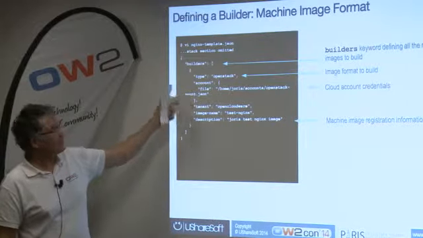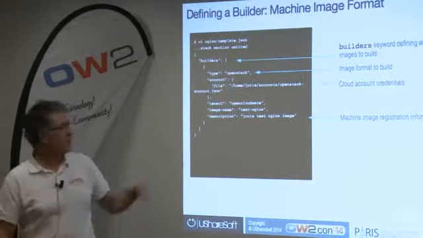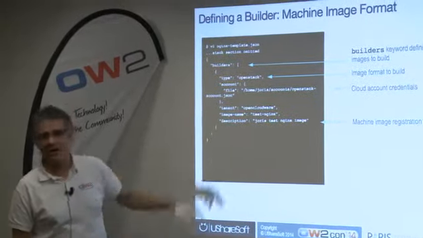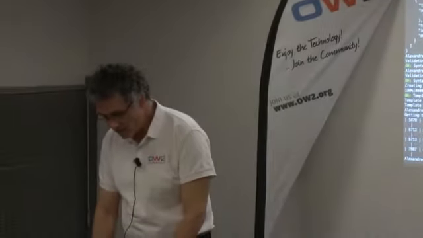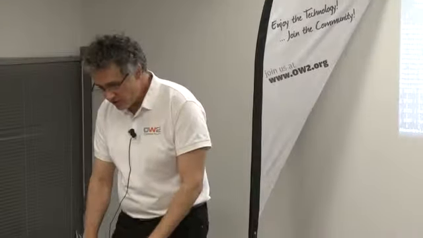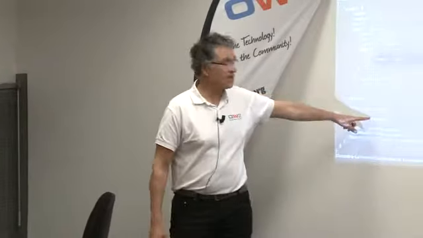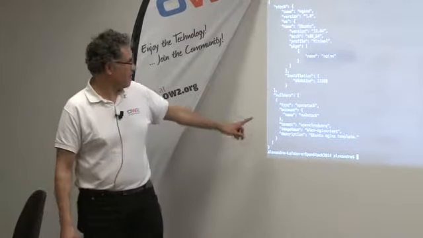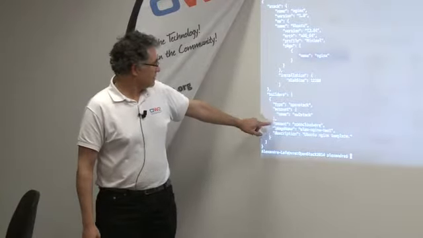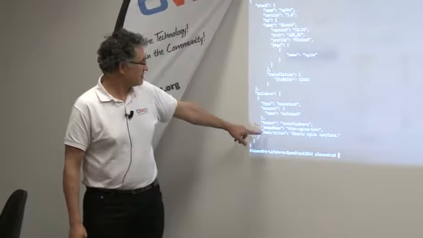Because we're on OpenStack, I have to give the tenant, the image name, and a description. So in my original template here, what I have is OpenStack. What I'm using is an OpenStack instance called OW2stack, which is provided by OW2 for the project, and I give it a tenant, an image name, and a description.